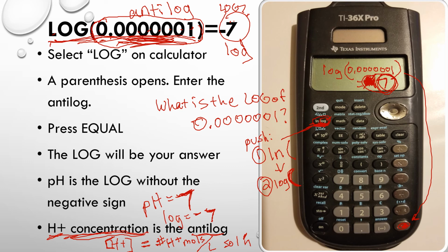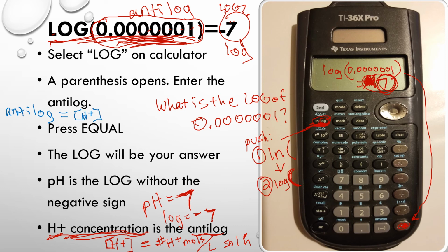So you could technically say that, oh, I ran out of places to write. Hold on, let me change colors so you can see this. So you can technically say that the anti-log equals this.